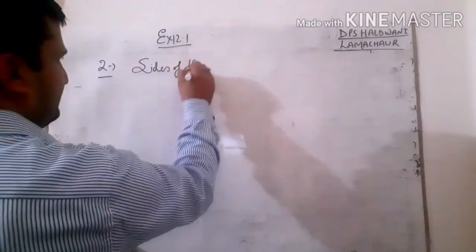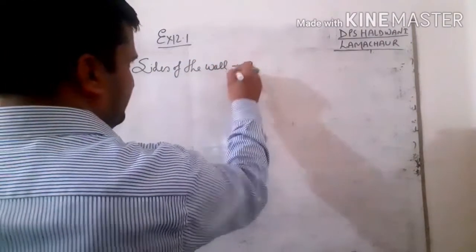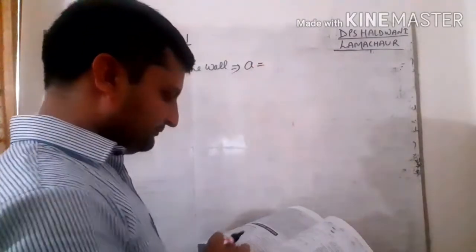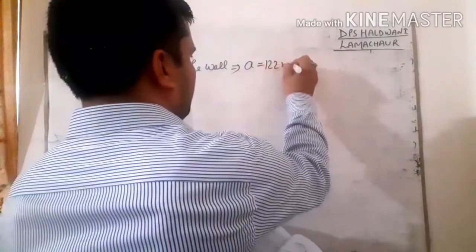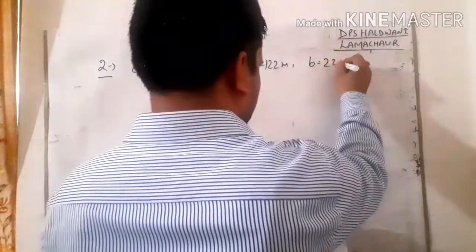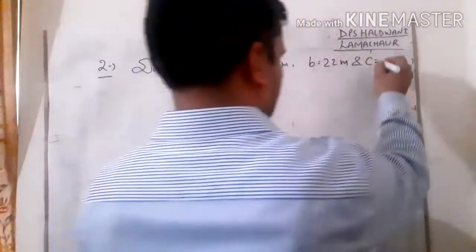First side A is equal to 122 meter, B is equal to 22 meter and C is equal to 120 meter.